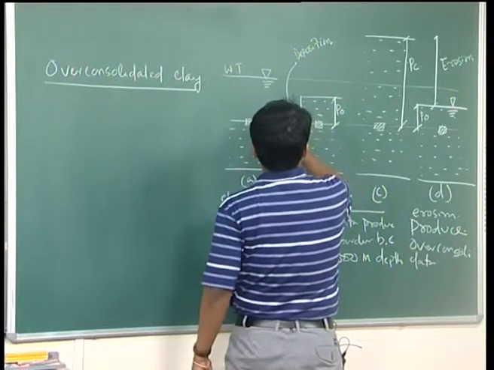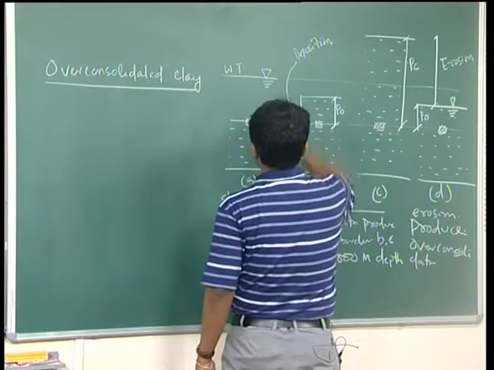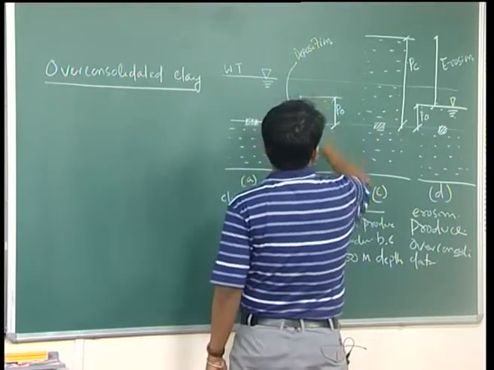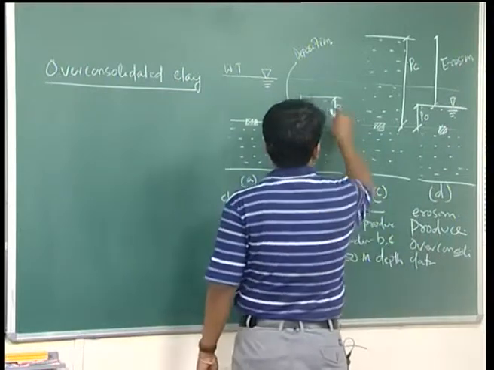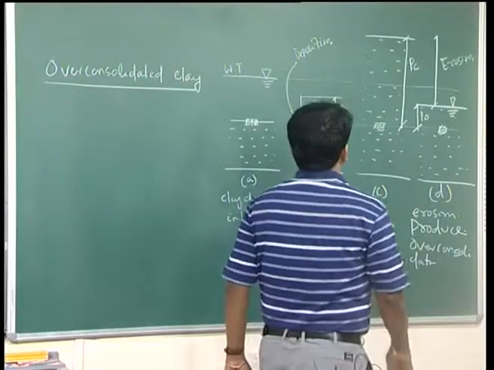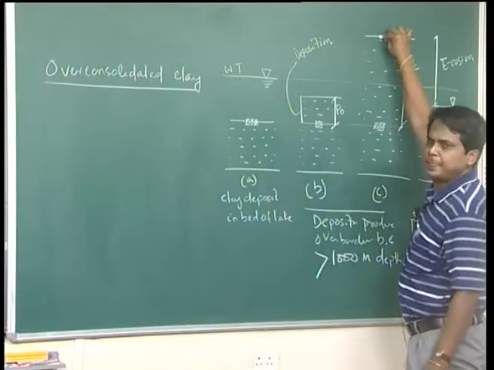The layer has been increased, suppose this is the clay layer and this is your deposition in a bed of lake. Then over the period of time this deposition has been increased; this is your P0, your overburden. Then it has been increased to consolidation pressure PC up to this.